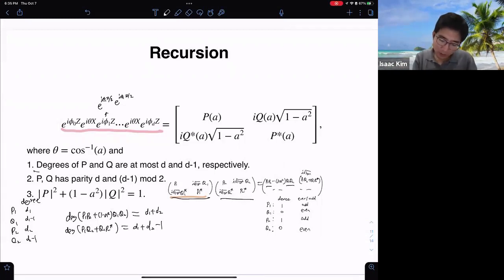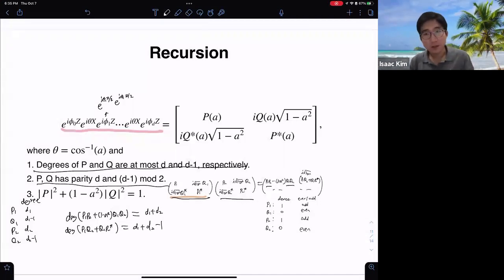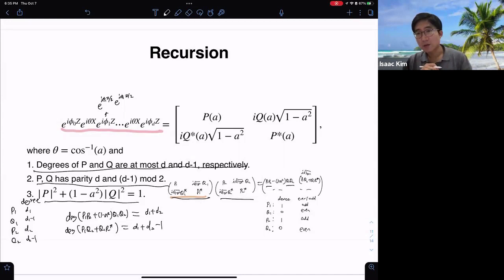So you prove the first condition, and the second condition, you can just consider all cases. I believe there are like 4 different cases, and you just prove that it works out. And then you have this last condition, which is trivially satisfied by noting that all these unitaries are elements of the special unitary group.